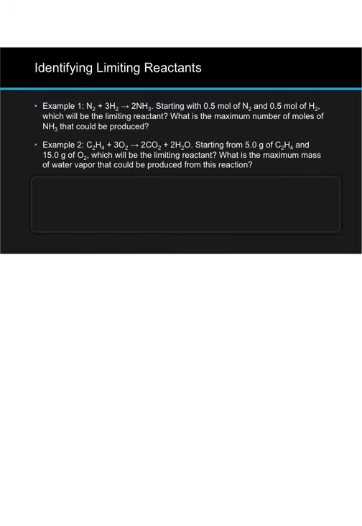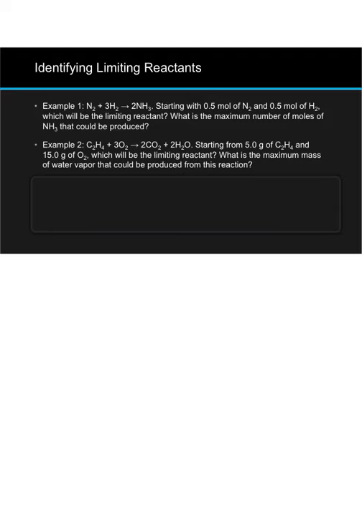So, in a second example, let's react C2H4 ethylene with oxygen to form carbon dioxide and water, another combustion reaction. Suppose that we start this time with 5 grams worth of ethylene, C2H4, and 15 grams worth of oxygen. What's the limiting reactant in this case?